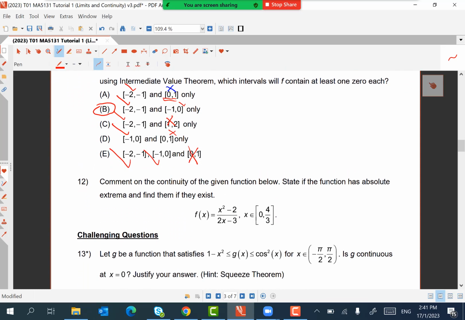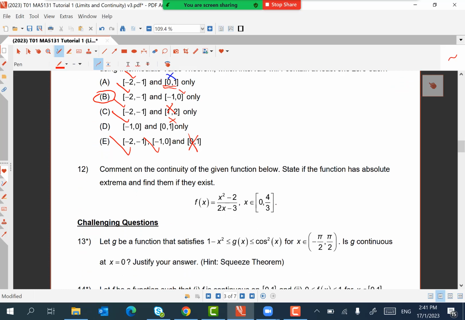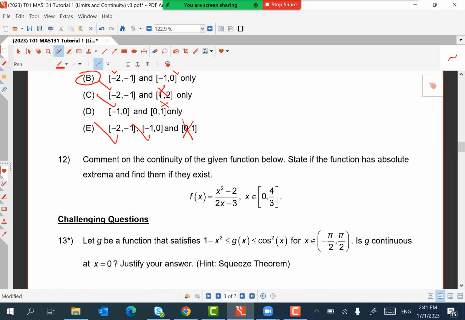Question 12. Comment on the continuity of the following function. For this one, maybe it's good to have a rough sketch of the graph, which will help us see what kind of continuity.